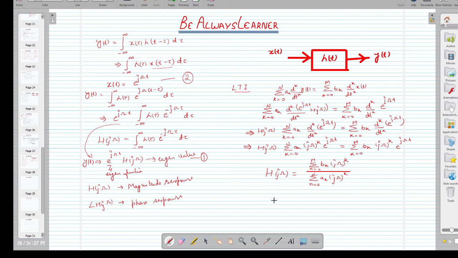So using the convolution property, we can write that the convolution of x and h in time domain will give the multiplication in frequency domain. So we can represent it by using the convolution property.